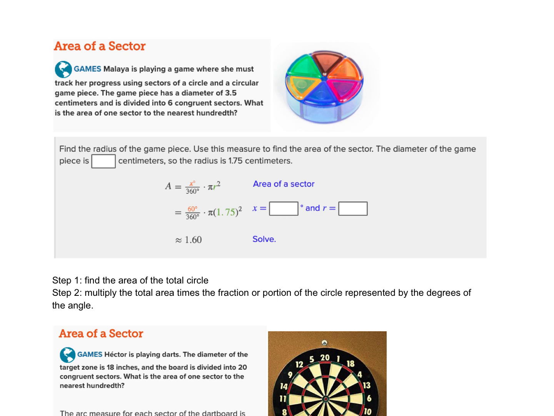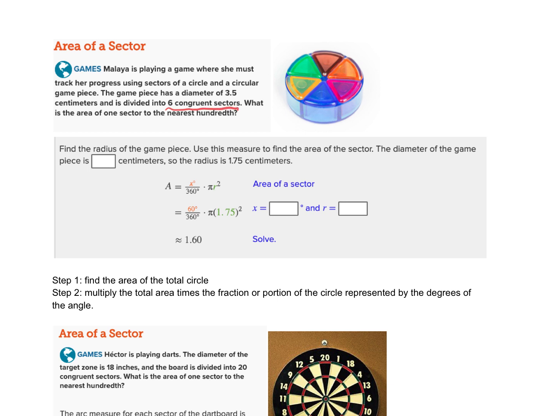This is a little different though, because what it doesn't tell you is what the number of degrees are. So we have Malaya is playing a game where she must track her progress using sectors of a circle and a circular game piece. The game piece has a diameter of 3.5 centimeters and is divided into 6 congruent sectors.